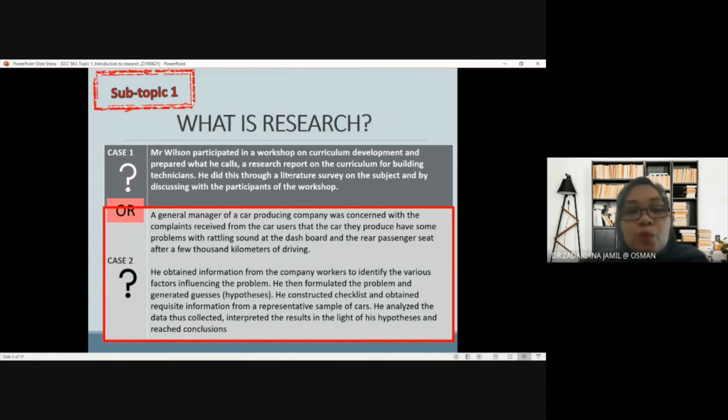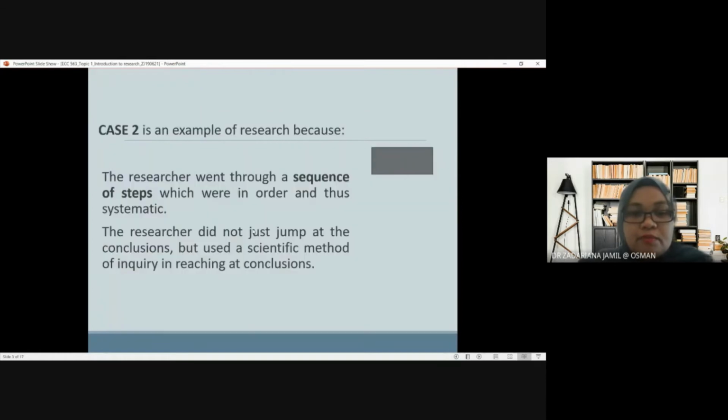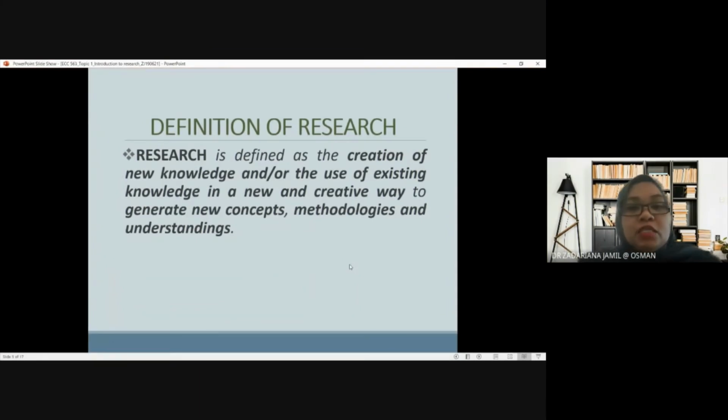So case 2 is actually a research. As I've already mentioned, the researcher has a sequence of steps for a research, and they didn't jump into a conclusion without doing a survey. They used some scientific method, for example the survey and the checklist, to reach the conclusion. Right, so let's look at the definition of research.